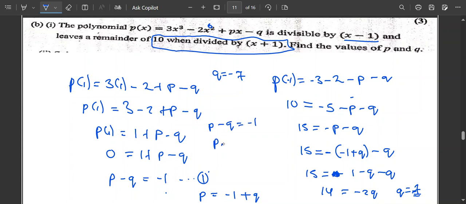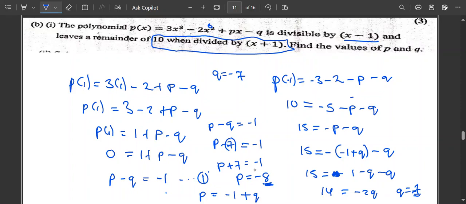So I'll say P minus, by the way, Q is negative, and 7 was negative, so it will be minus negative 7. So this will be P plus 7 is equal to negative 1. It will go there to be negative, so P will be negative 8.